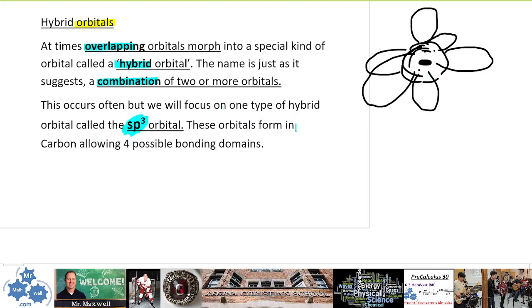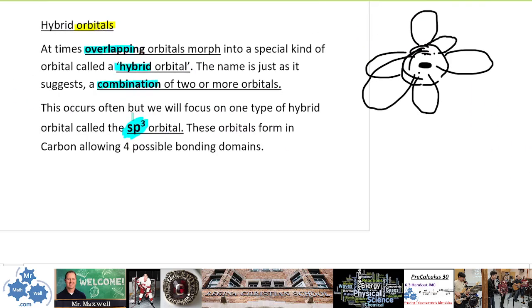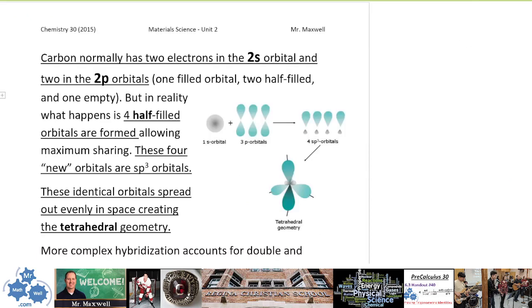These orbitals form in carbon, allowing 4 possible bonding domains. Okay, so think about carbon. I mentioned the transition metals, but think about carbon. This is where we see it first, and this is the one we're going to study, really. Carbon normally has 2 electrons in the 2s orbital. Okay, so remember our orbitals here. There's hydrogen, there's helium, there's lithium, here's beryllium.